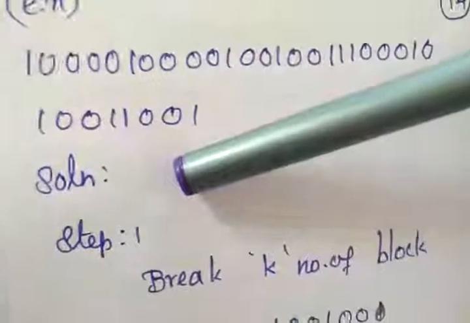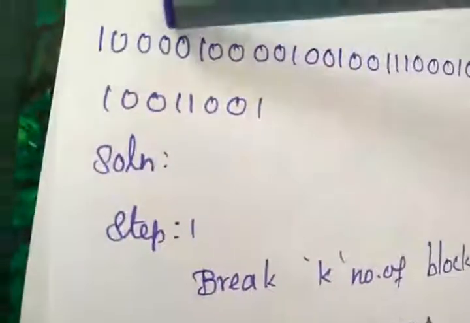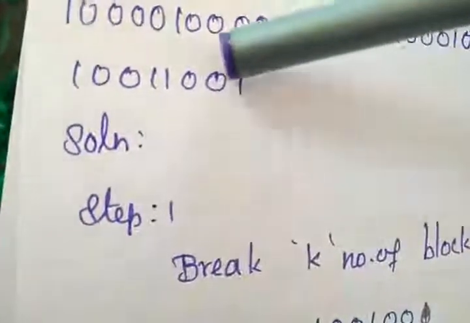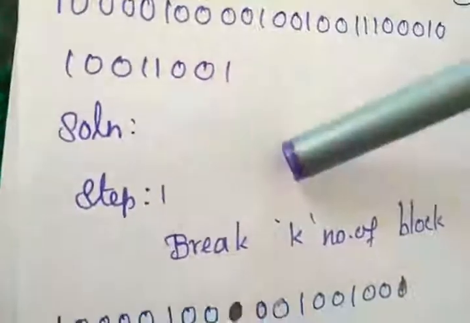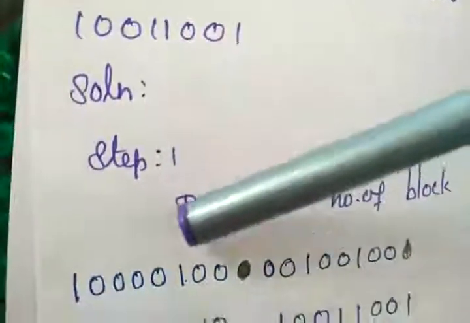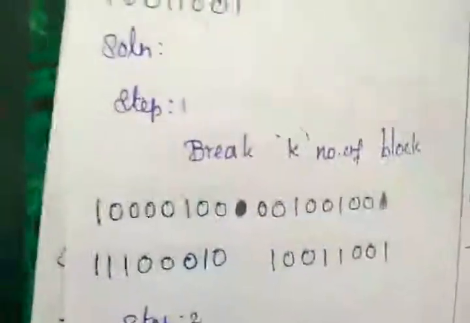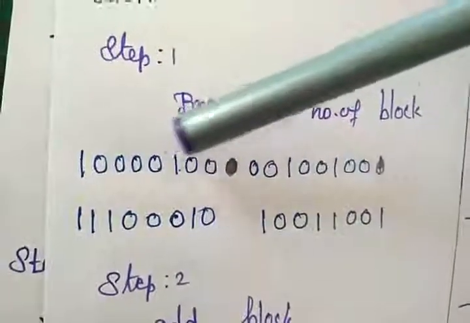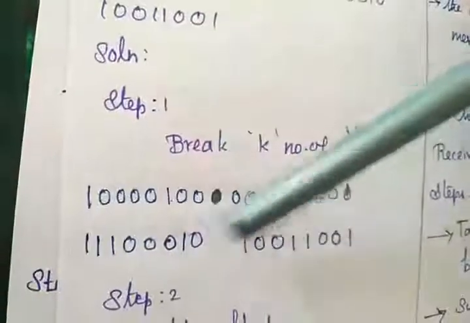The first step is to break it into k number of blocks. So the continuous bits should be broken into k blocks. Here I take blocks of 8 bits. The first block is 1 0 0 0 0 1 0 0. Like this I separate, so I have 4 blocks.